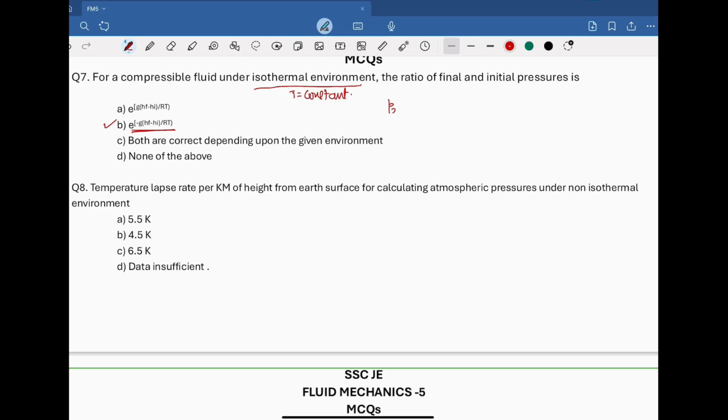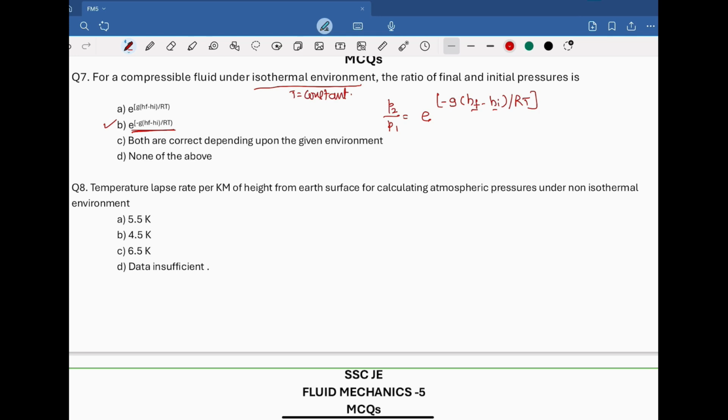P2 by P1 is equal to e to the power of minus g into (h minus hi) divided by RT. Temperature is constant, h is height. How is it changing in comparison, the final height and initial height? Why minus g is here?